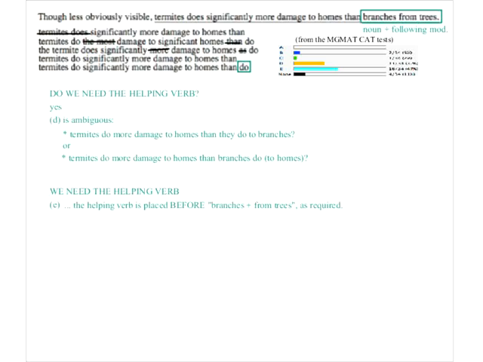A choice saying "branches from trees do" would be considered fatally awkward. With awkwardness, they would probably also make it wrong in another way, so there wouldn't be endless fights breaking out over it. You're not really going to see things that are just awkward.